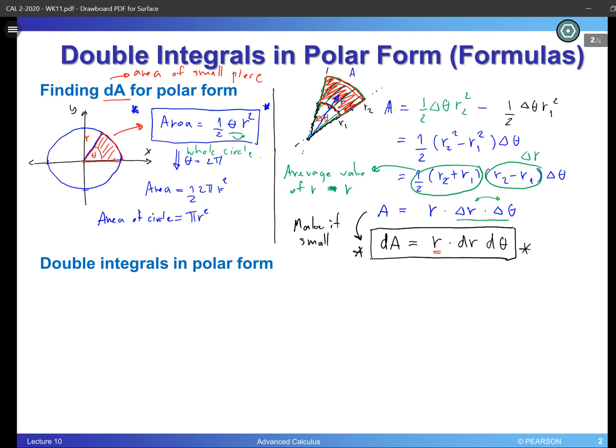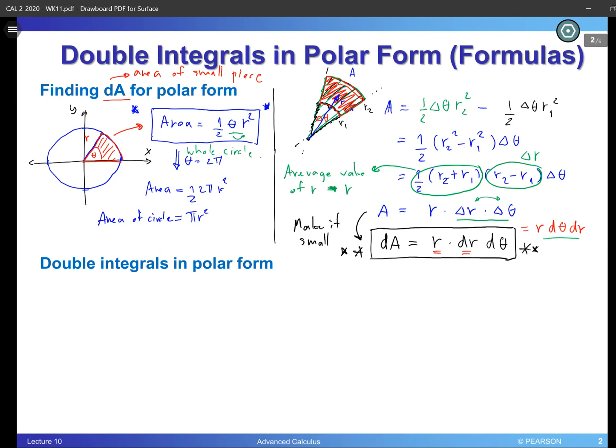It's still the same area, which means that this dA is also equal to r d theta first and then dr. Same thing. But most of the time you are going to run into this order. You are going to integrate with respect to r first. But if you run into this one, don't be surprised. It can be done too.